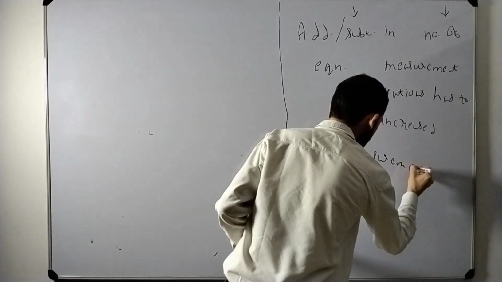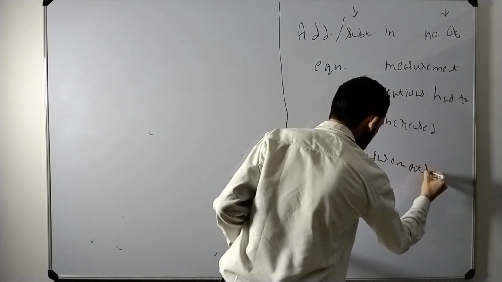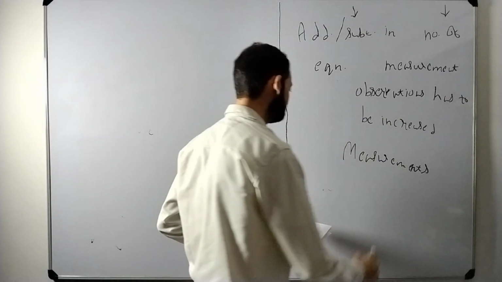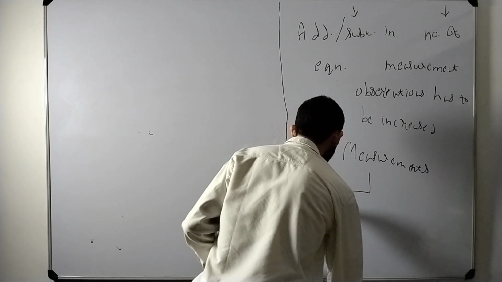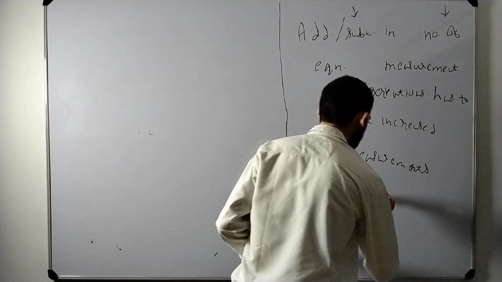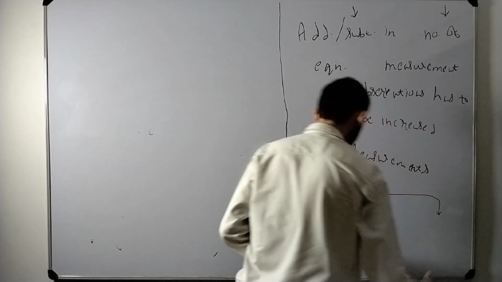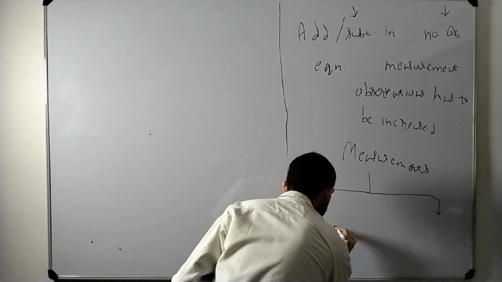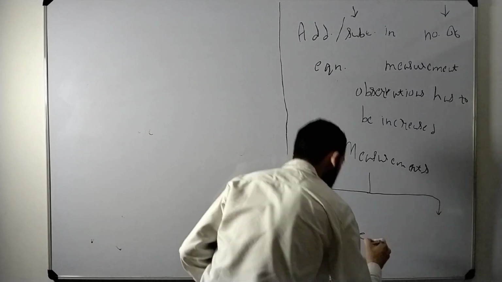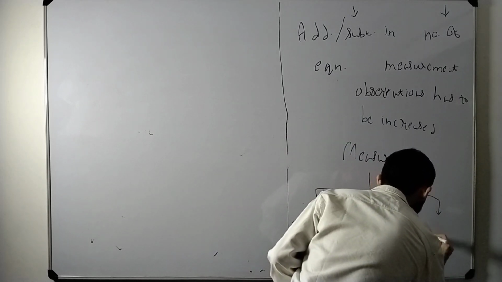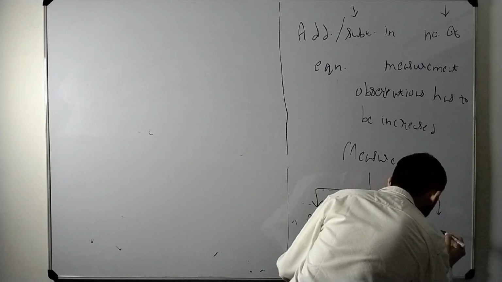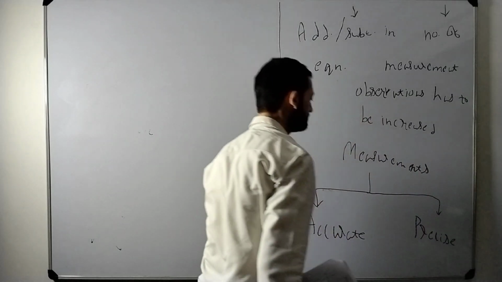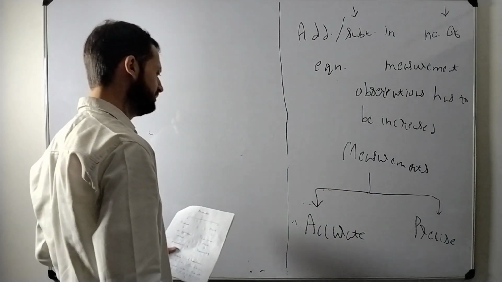What kinds of measurements are there? So even measurements have kinds. Yes, basically two: accurate measurement and precise measurement. These are the basic two types of measurements we have.